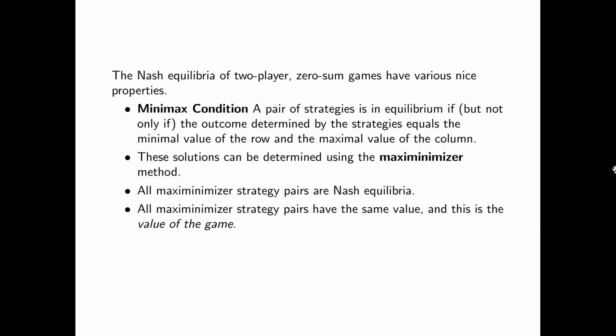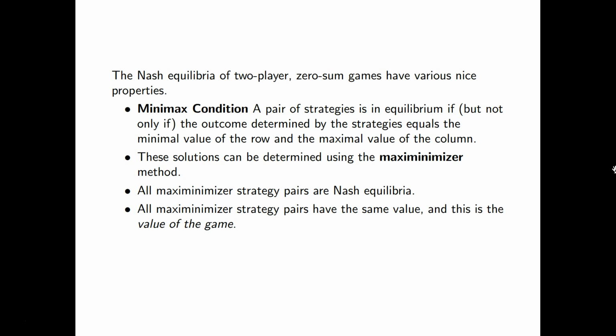Let's look now at the Maximin theorem for two-player zero-sum games. This is a theorem that helps us to find or to discover Nash equilibria for two-player zero-sum games, and it relies on the fact that these games have various nice properties. They're well behaved in a particular sort of way.